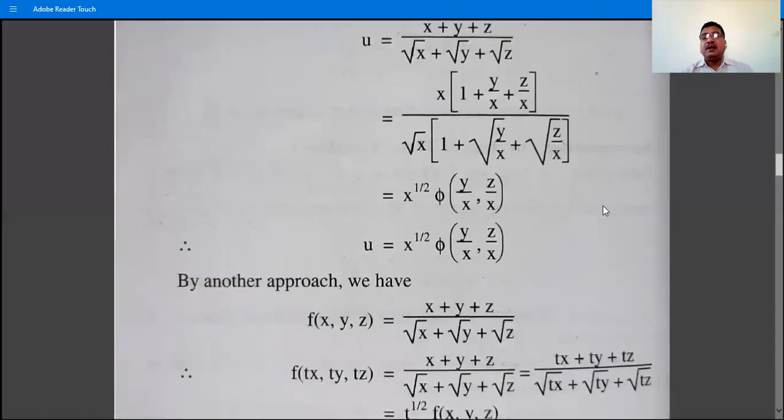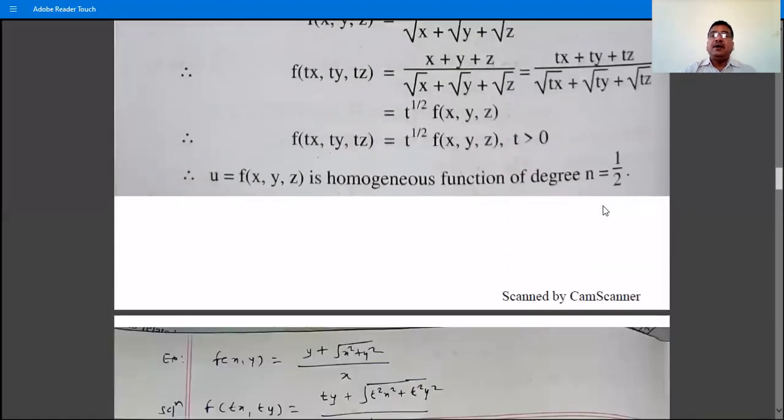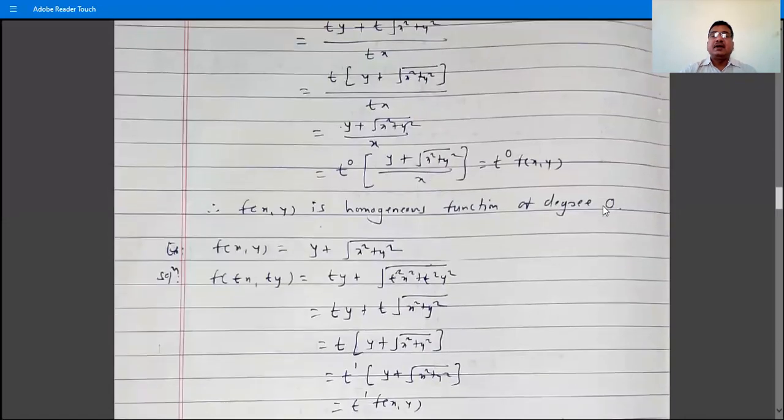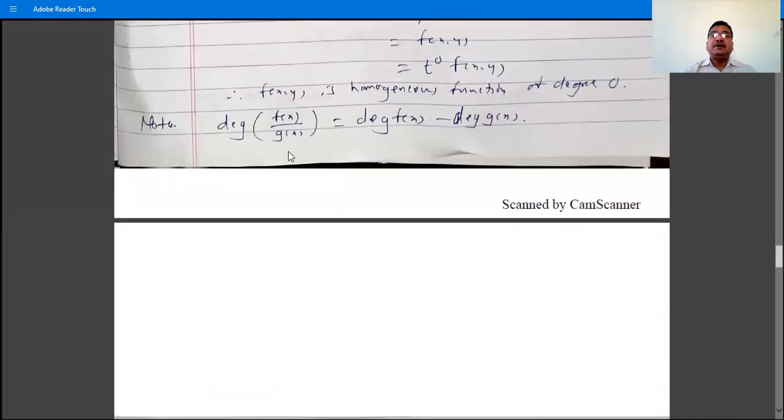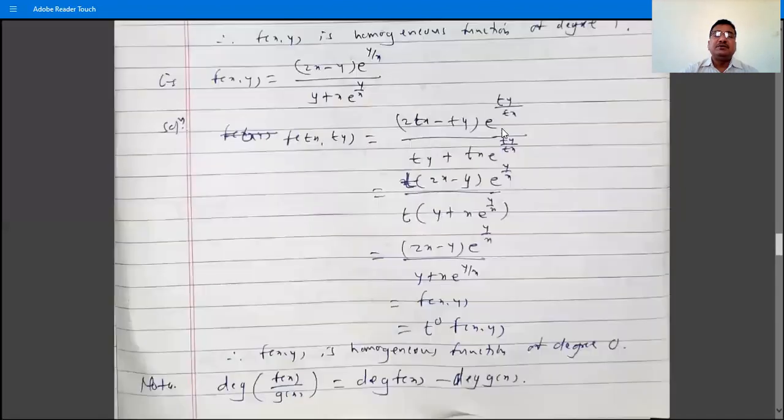So there is a formula: if the degree of numerator is m and the degree of denominator is n, then the degree of f(x) by g(x) is degree of f(x) minus degree of g(x). Like the logarithmic function, log of a by b is log a minus log b.